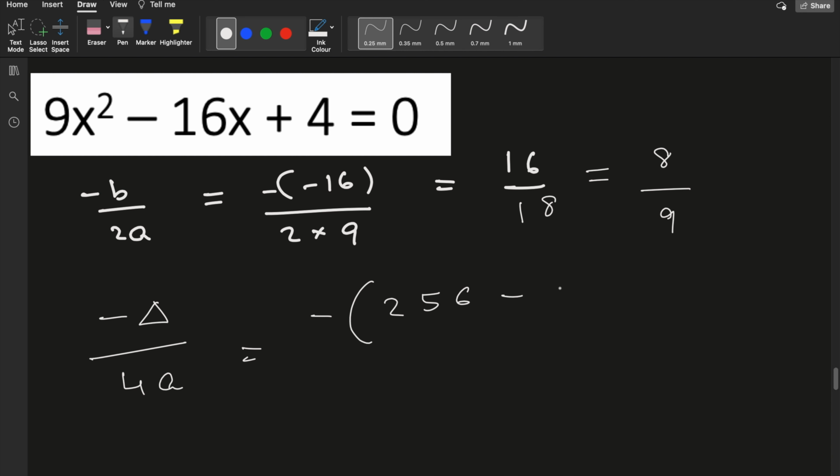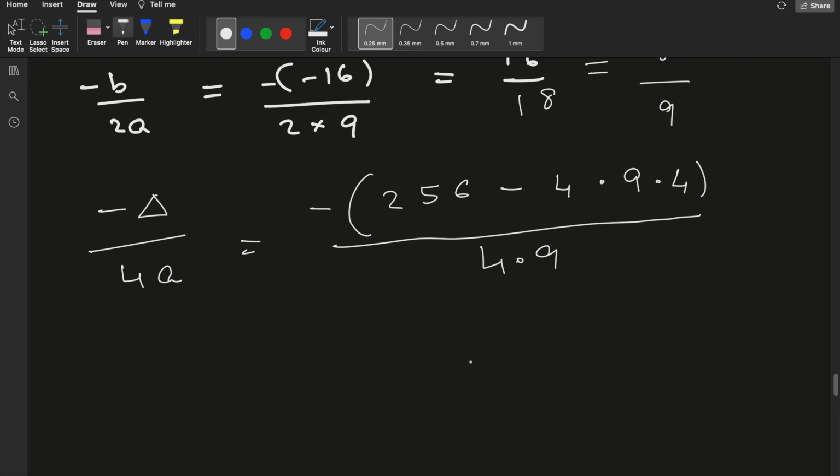If we use the calculator to find that, that would be minus 112 divided by 4 into 9, and this would be minus 28 divided by 9.